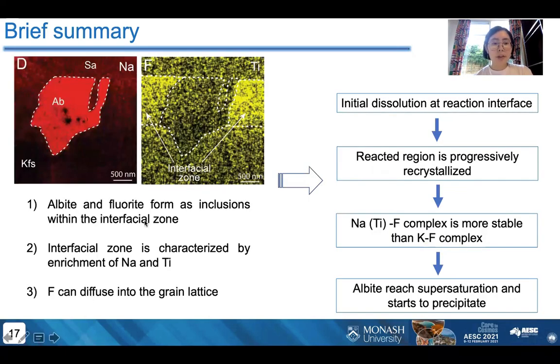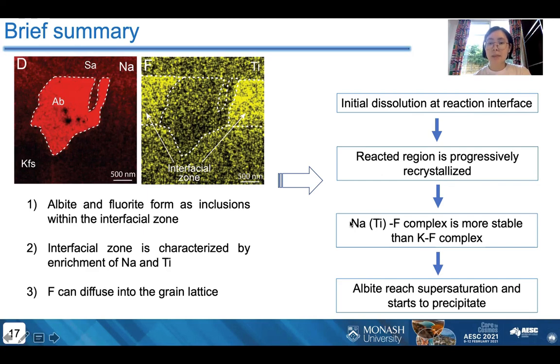Because albite and fluorite form as inclusions within the interfacial zone, the interfacial zone is characterized by enrichment of sodium and fluorine, and as we mentioned earlier, fluorine can diffuse into the crystal lattice. We suggest that fluorine can play a role in the following ways. First, the dissolution of sanidine starts at the reaction front, and beyond the reaction front, the reactive region is progressively recrystallized.